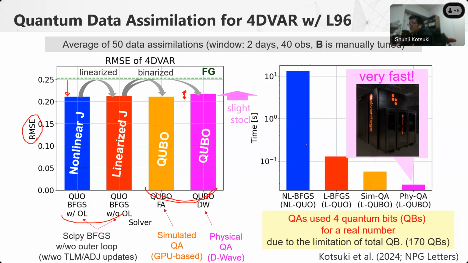Here we are comparing the average execution time for one 4D-Var. The first two experiments use CPU-based computers, this one uses a GPU-based simulated quantum annealer, and the last one uses a real physical quantum annealer. Therefore, we can't make a fair comparison, but we see a great reduction of computation time using the quantum annealer, and this is a good benefit.